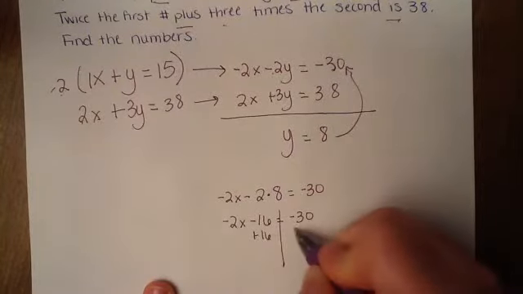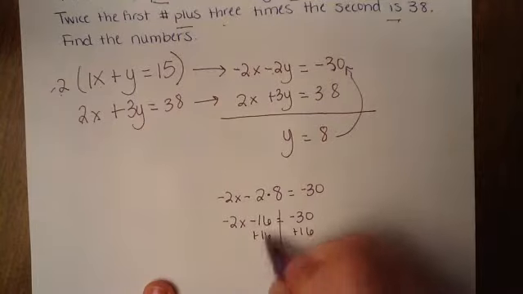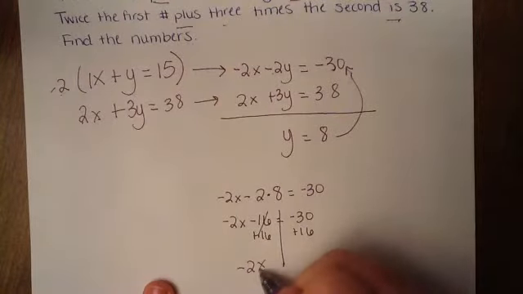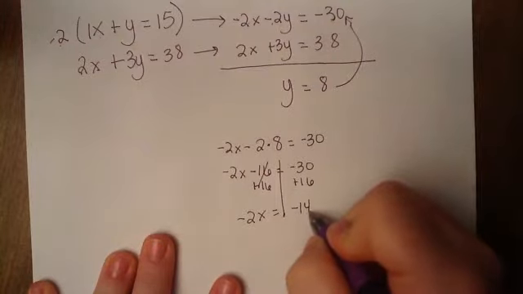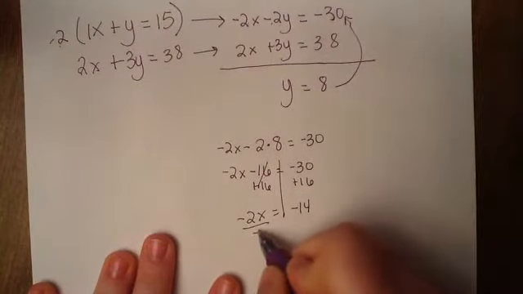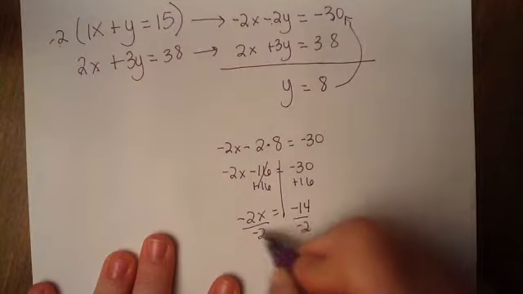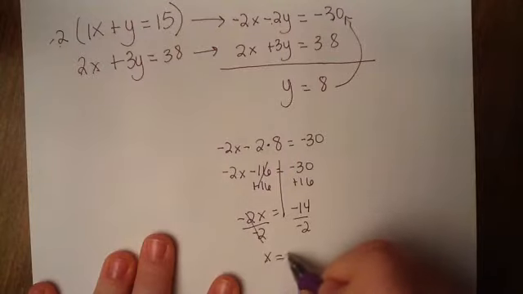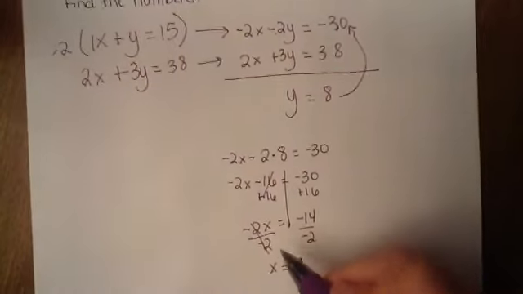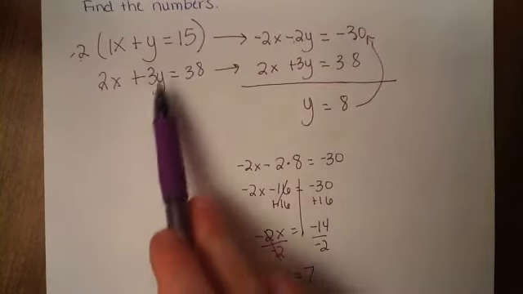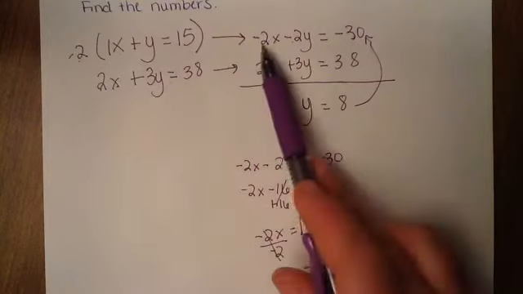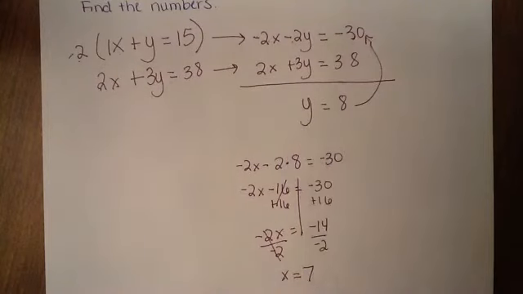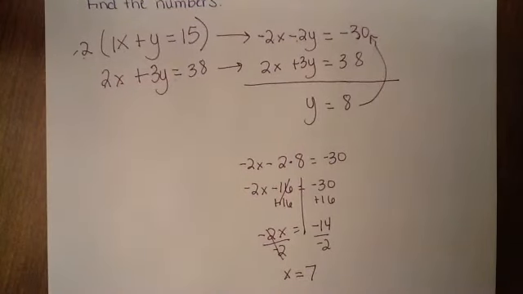Add 16 on both sides. Negative 2x equals negative 14. Divide by negative 2. X equals 7. Write the equations based off of our information. Multiply so we get opposites. And solve. Nice job today, mathematicians.